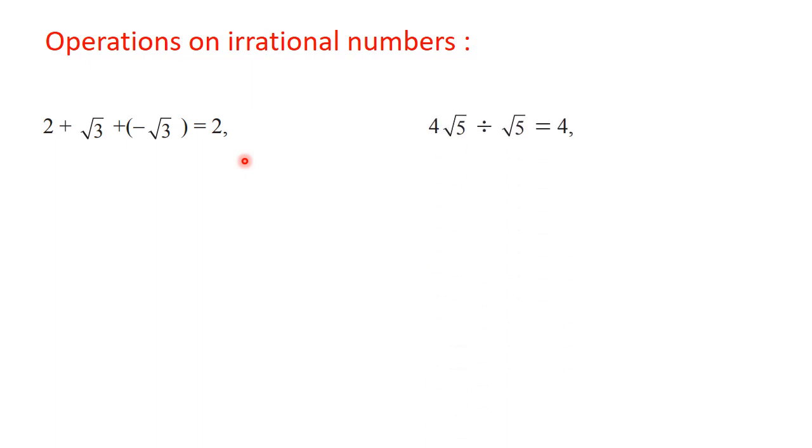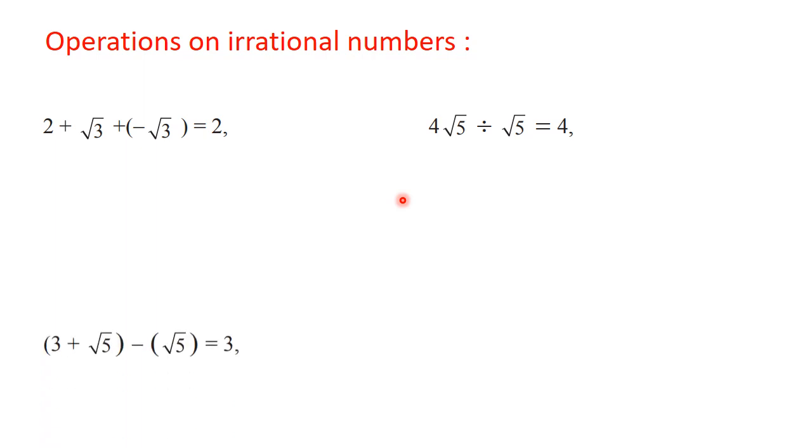Second example now: 4 root 5 divided by root 5. When we divide, root 5 and root 5 get cancelled and we get 4, which is a rational number. So 4 root 5 was irrational, root 5 also was irrational, so the division of these two irrational numbers is a rational number. This you have to keep in mind.